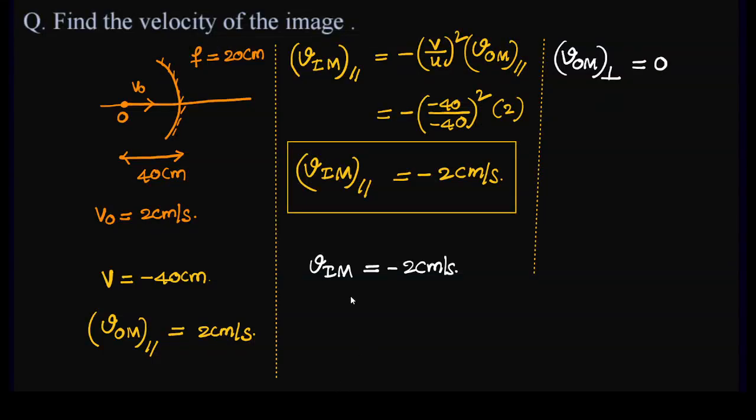And what is the perpendicular velocity, the image velocity formula? Velocity of image with respect to mirror in perpendicular is equal to, tell me now, that formula which we have seen: m into velocity of object with respect to mirror in perpendicular, plus, I think space is not sufficient, so we should write h naught into dm by dt.